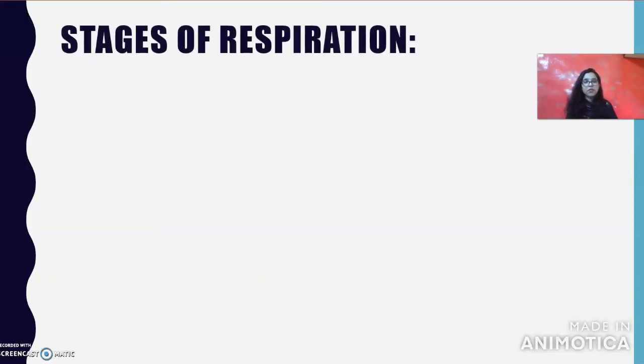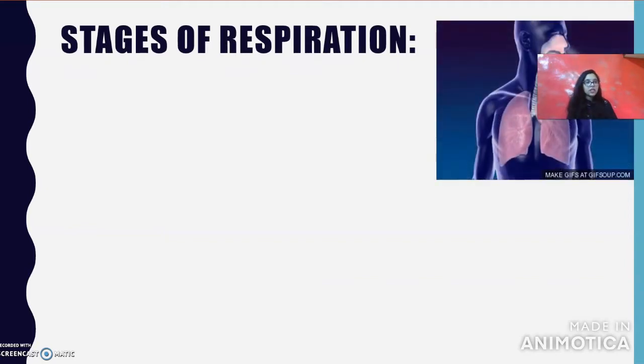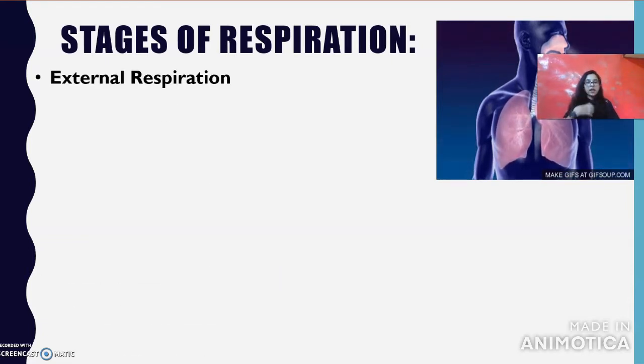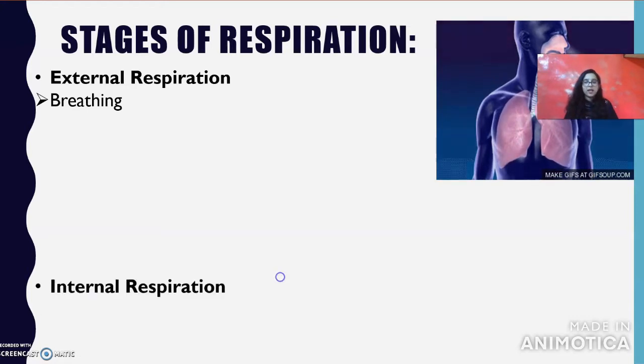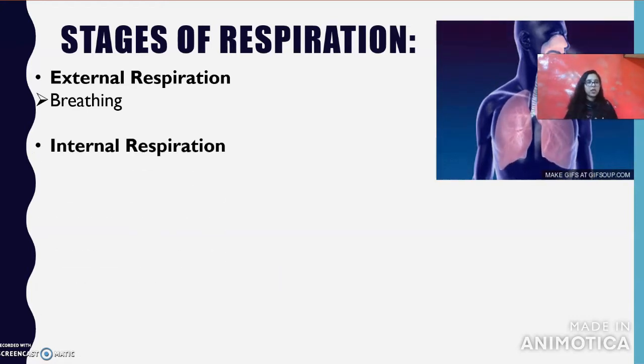Now, stages of respiration. If you see this first picture, when we want to respire, first of all we have to take air inside our body, right? So we take air inside our body with the help of the nose, and that's why this is called external respiration, that is breathing. Next, internal respiration means whatever oxygen is taken inside our body will be mixed with our blood.